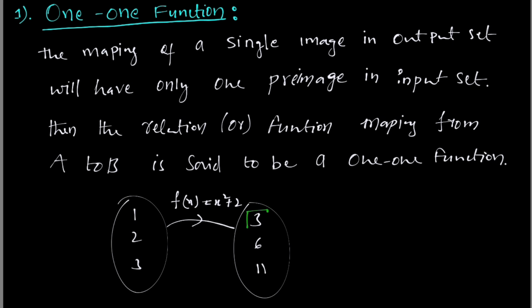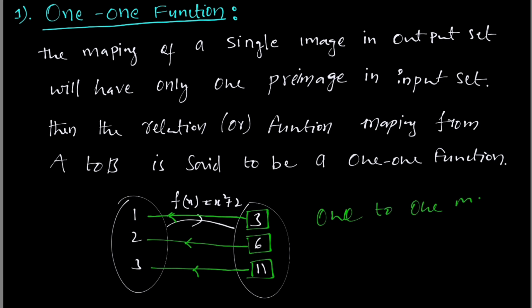Here let's say B is the set of images, and 3 is the image with respect to the pre-image 1, and 6 is the image of 2 with respect to the given relation f of x equal to x square plus 2, and 11 is the image of the value in set A, that is 3. And since there is only one-to-one mapping, we call the function a one-one function, right?